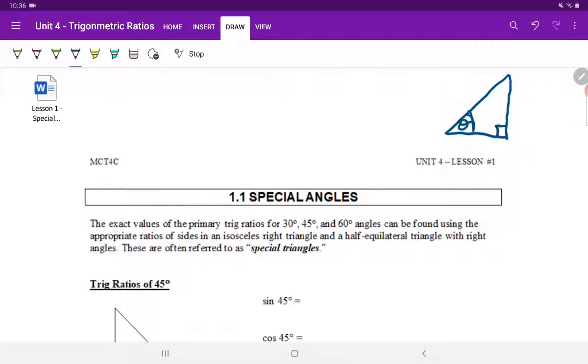Theta is just a Greek letter that we use to represent a number, just in the way that we use x to represent letters in algebra. Theta is another letter we can use to represent numbers, and it's just from the Greek alphabet. So let's call this our reference angle.